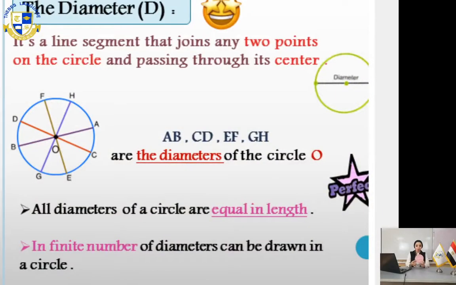The diameter here is AB. Okay? We can draw infinite diameters of the circle, and all of them are equal in length. If AB equals 10 centimeters, all the diameters of the circle will be 10 centimeters.